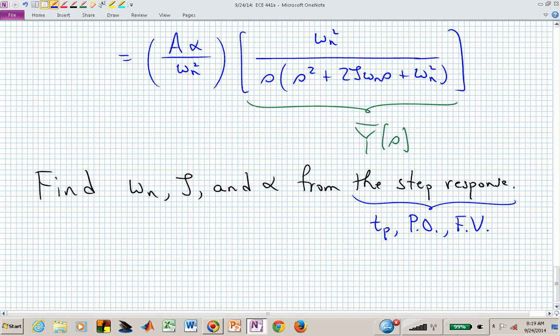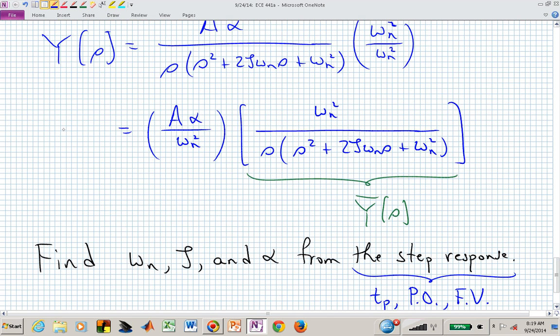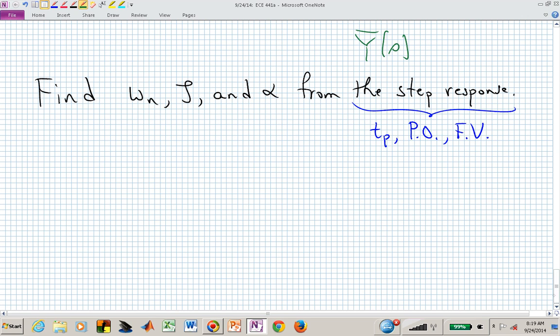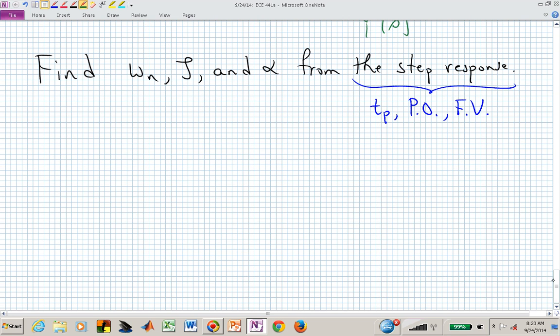Those could be used to find the damped frequency, and then we will find the gain in our system, alpha. The pictures that we have for this parameterized form of capital Y of S, just to provide an image for what we're doing with the step response.